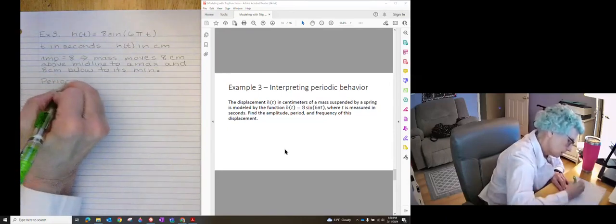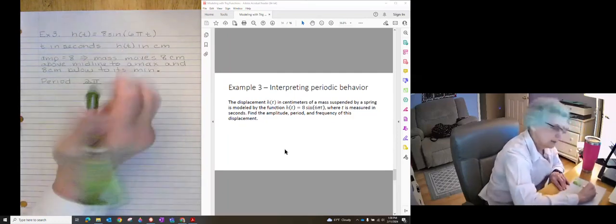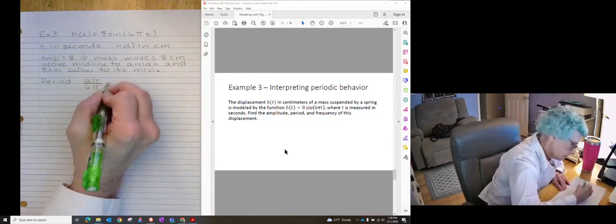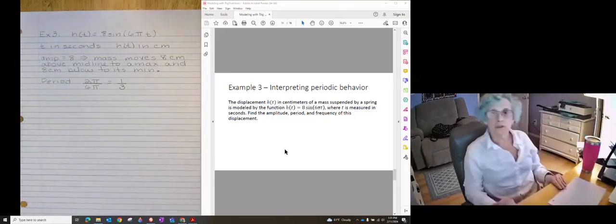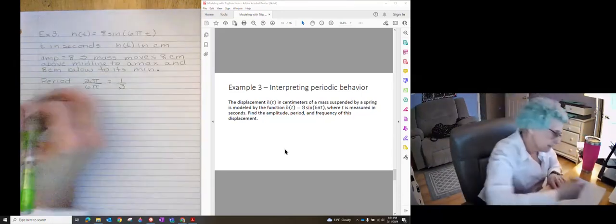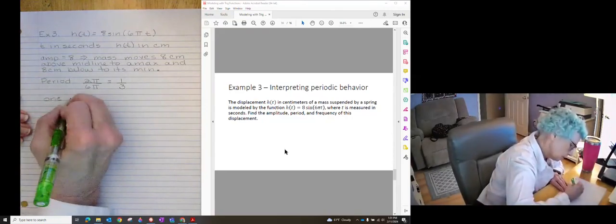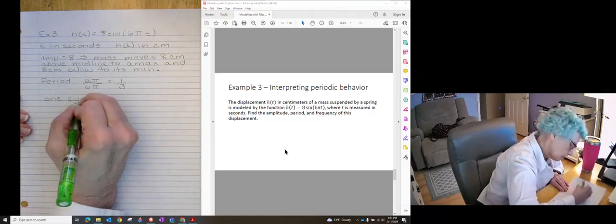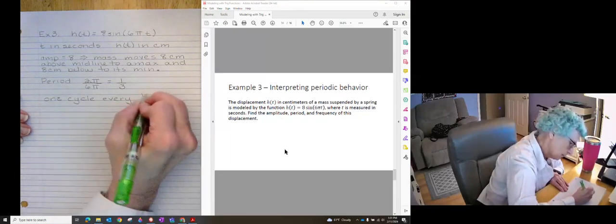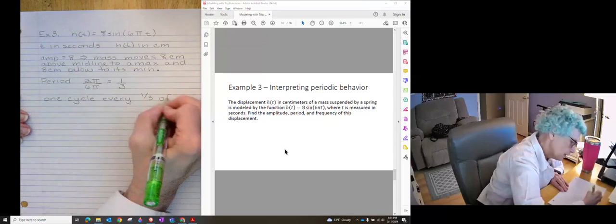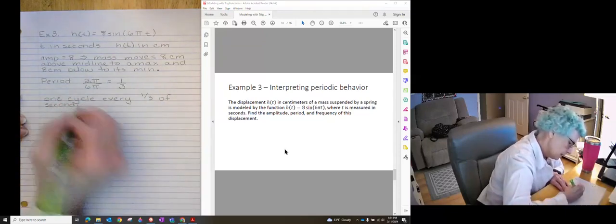Period is 2 pi divided by the number sitting next to t, which equals 1/3. That means it completes a cycle every 1/3 of a second.